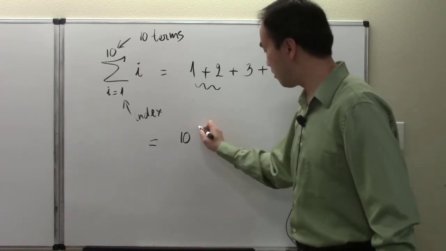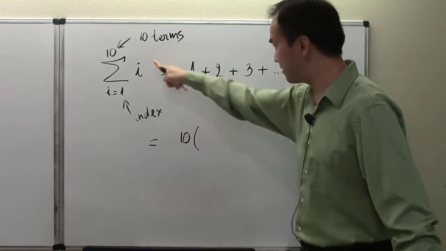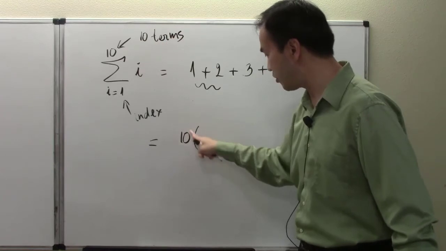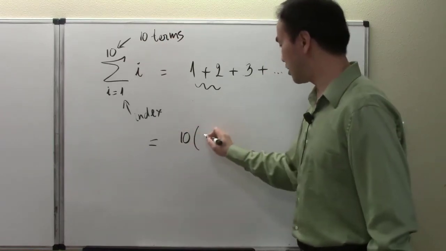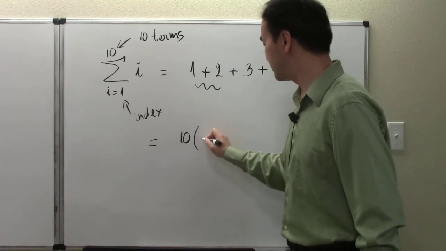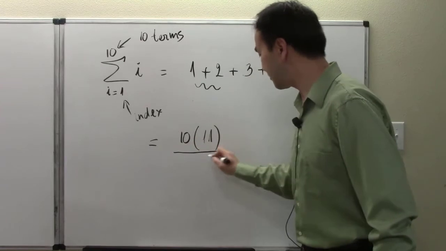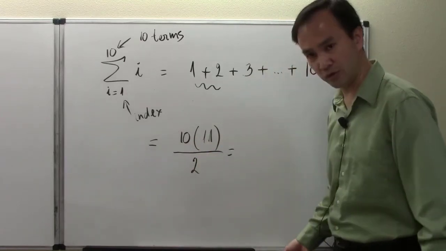I am going to multiply that, so the last term in this particular sum is the 10th term. We got 10 terms, and the value of the 10th term is 10. Then we're going to go times 11, and then I'm going to divide it by 2. We are already so close to the actual answer.